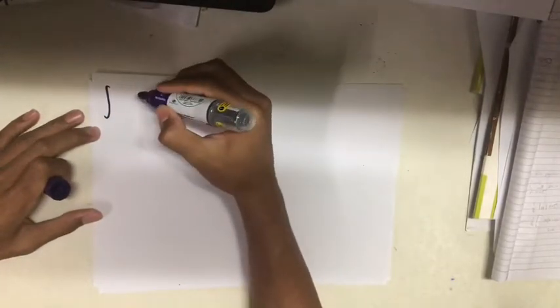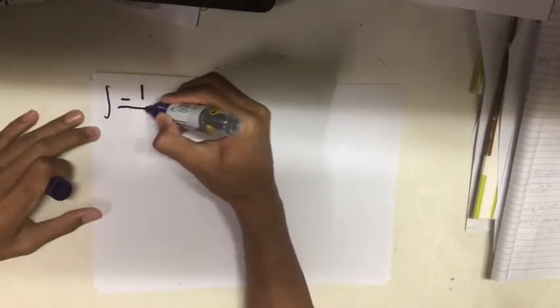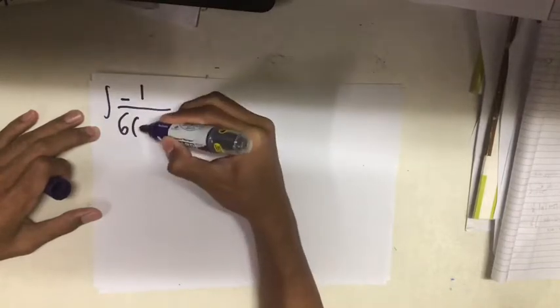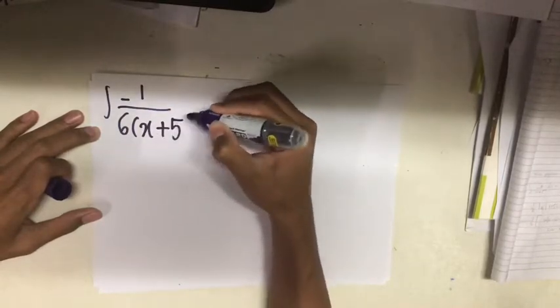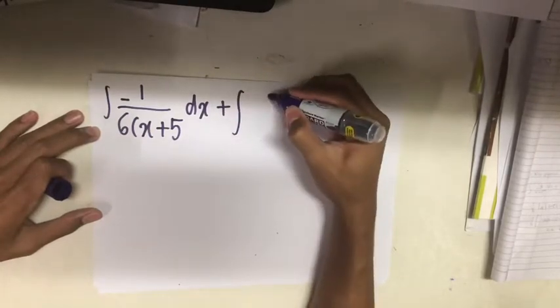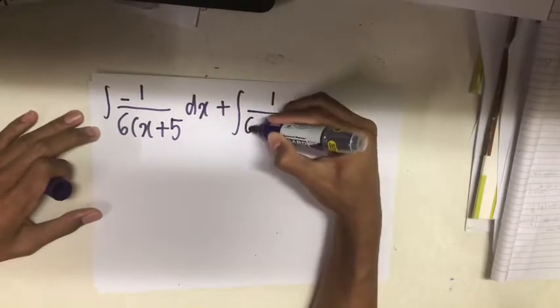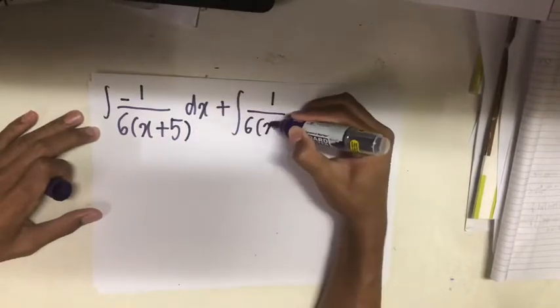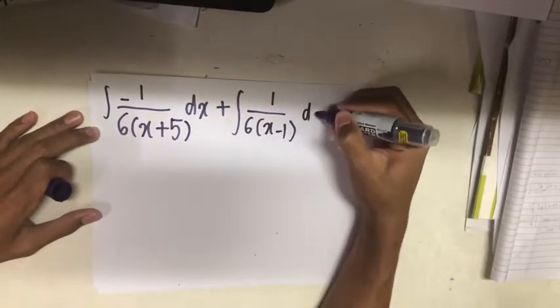So we get the integral of A, negative 1 over 6 times 1 over x plus 5 dx, plus B, 1 over 6 times 1 over x minus 1 dx.